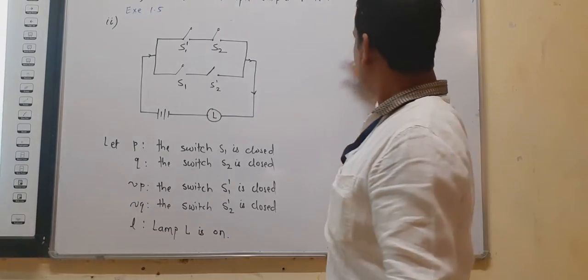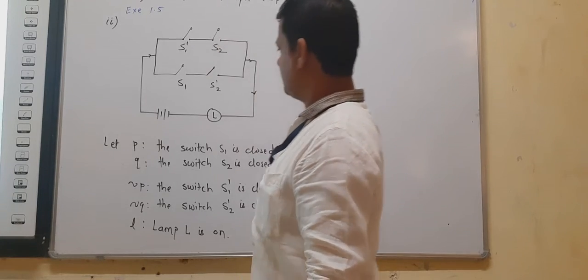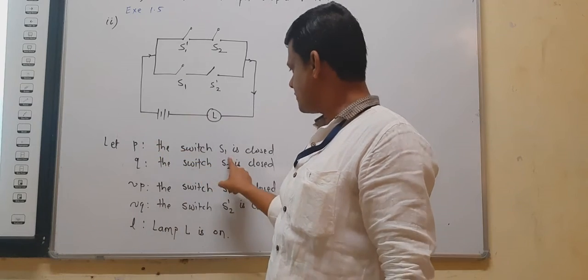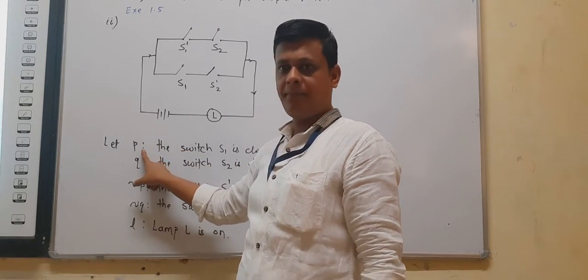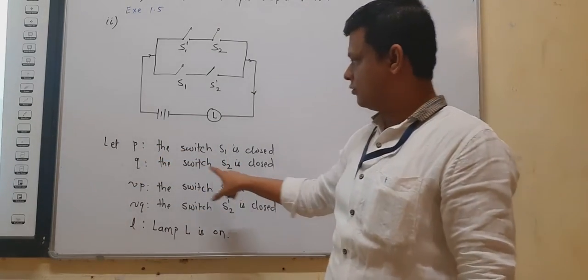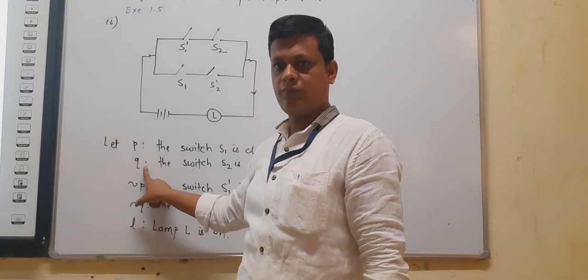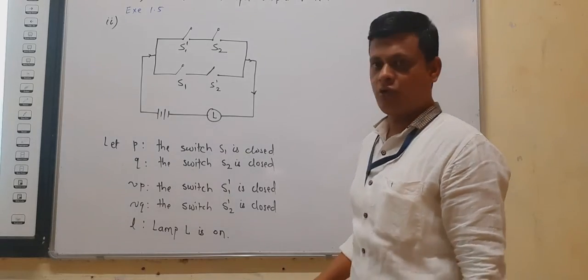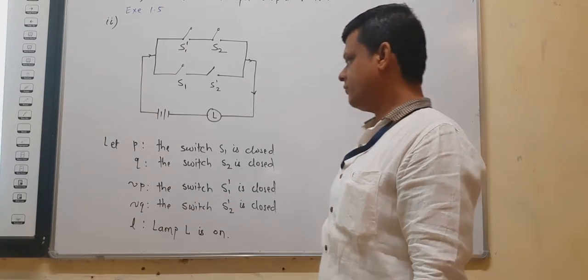We have already discussed the procedure. See, let switch S1 we denote by P, switch S2 we denote by Q. How do we write it? P stands for the switch S1 is closed, Q stands for the switch S2 is closed.